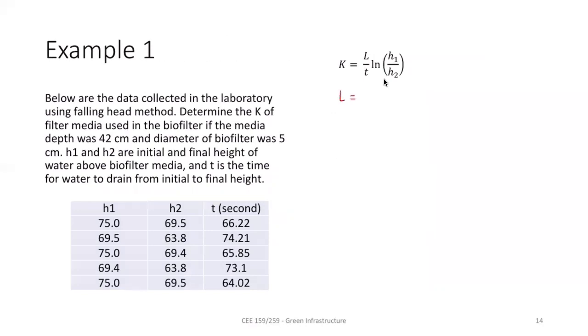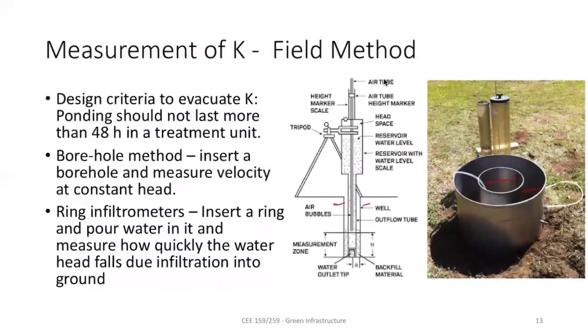It says L equal to 42 centimeters. We have also given you the diameter of the biofilter, which is 5 centimeters. That means you can calculate area, which is pi d squared by 4. You also know H1 and H2.